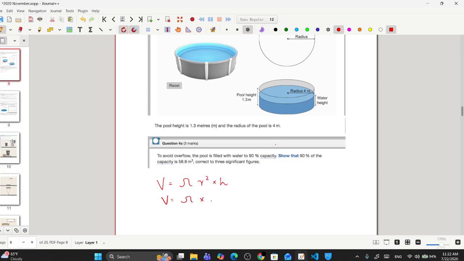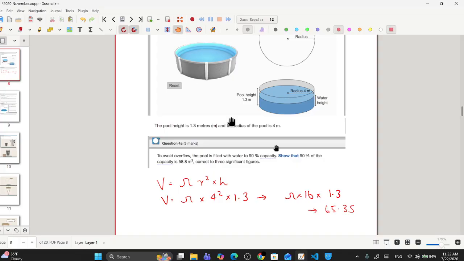R is the radius, which is 4 squared. Then the height is 1.3. So this becomes pi multiplied by 16 multiplied by 1.3. This gives me an answer of 65.35.